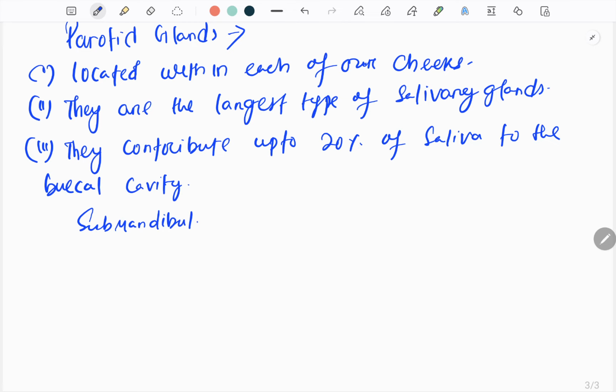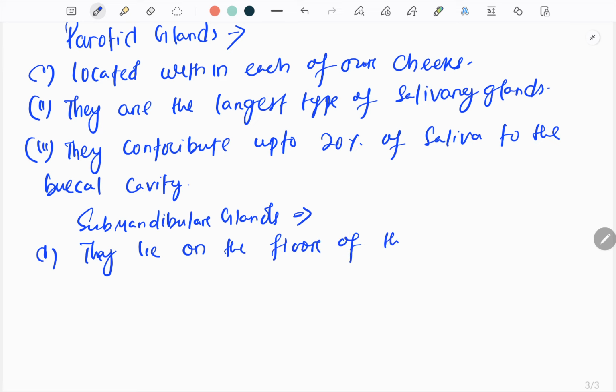Submandibular glands lie on the floor of the mouth.